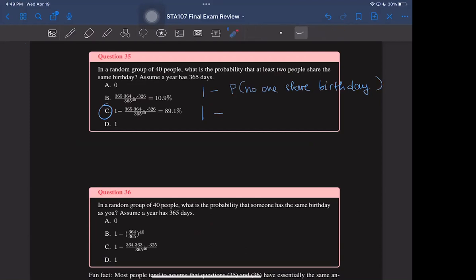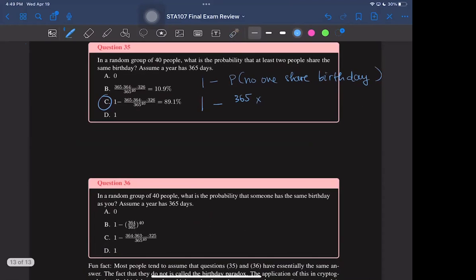Which means if you look at the first person, how many choices can they have for their birthday? That is 365. And the second person needs to have a birthday different from the first person, so it is 364. The third person's birthday has to be different from the first 2, which is 363.